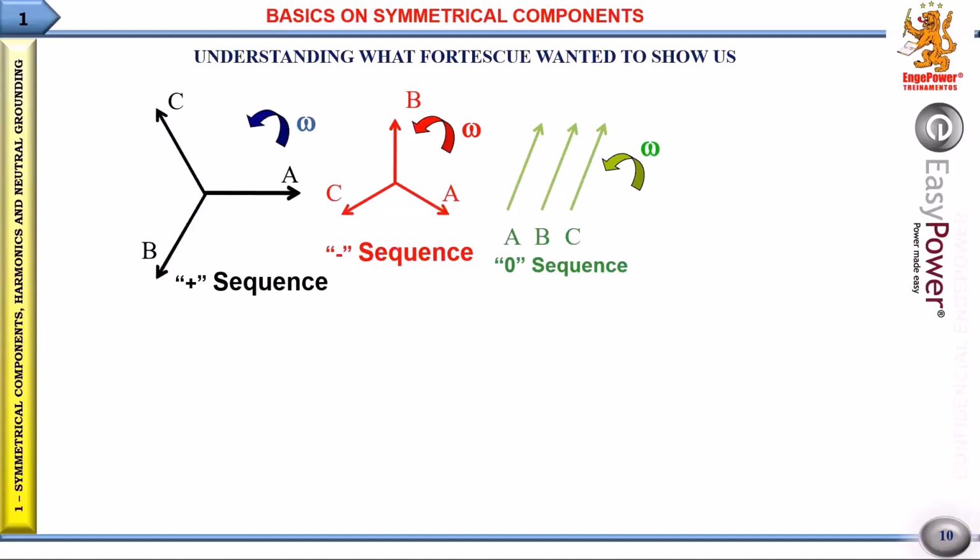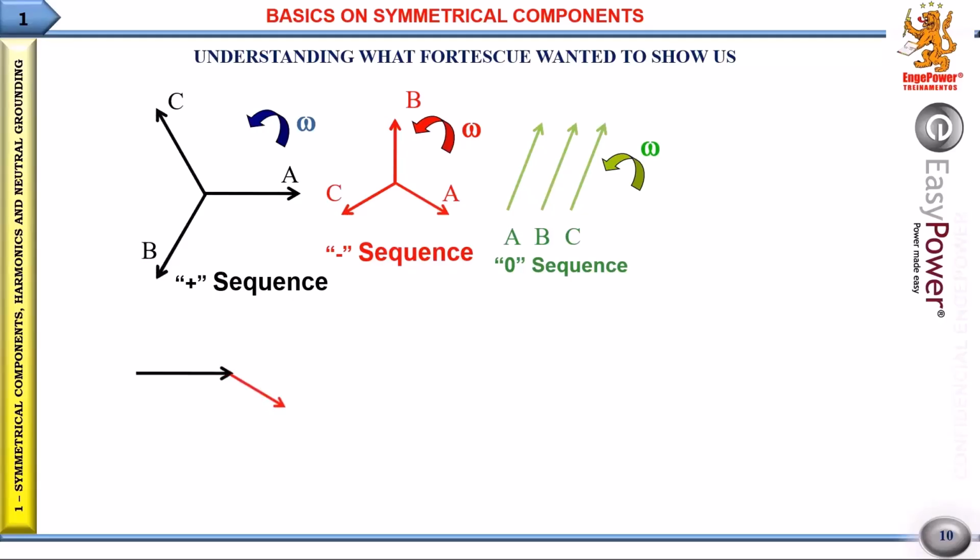So, vectorial sum: we start with the first phasor, and we put the beginning of the second phasor at the end of the first one. So this is the position of the second vector.